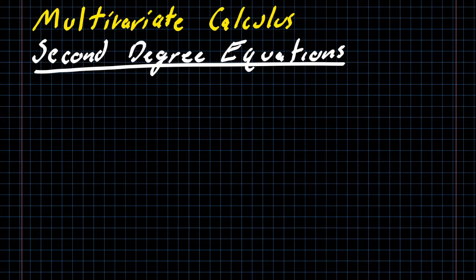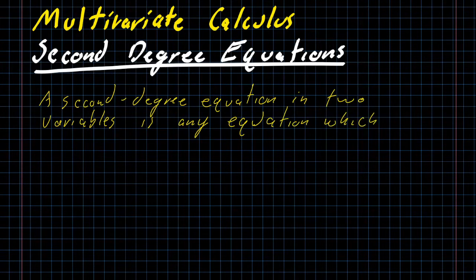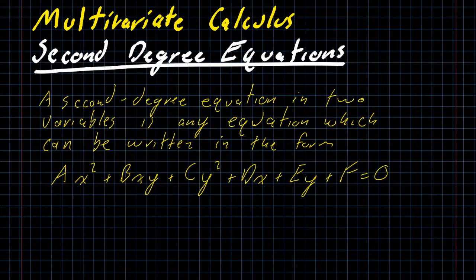All right, so without any further ado, let me get my head out of the way. In general, a second-degree equation in two variables is any equation which can be written in the form ax squared plus bxy plus cy squared plus dx plus ey plus f is equal to 0.